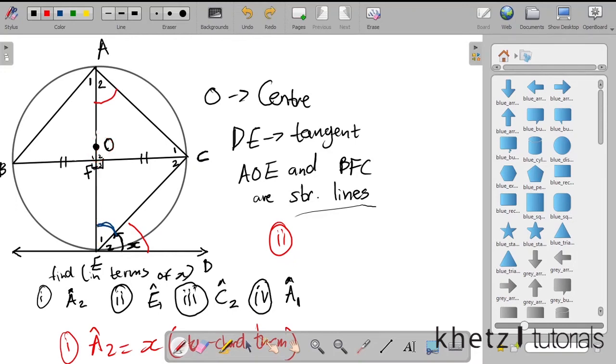And we know from that, or we can say that OE is perpendicular to DE, because we have a radius, or line from the center, perpendicular to the tangent. That is just a rule, or that is just a theorem.